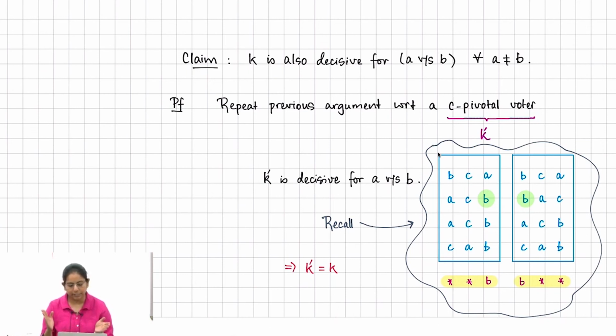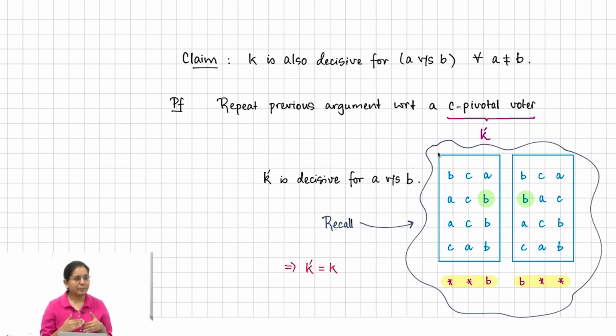But the idea is that if you're looking at a pair which involves the candidate B, and you're looking at the B pivotal voter, let's just forget about the B pivotal voter for a moment and let's think about this pair AB relative to a C pivotal voter, where C is a candidate different from A and B. And by repeating all the arguments that we have made so far, we know that the C pivotal voter will actually dictate the fate of A versus B, okay?